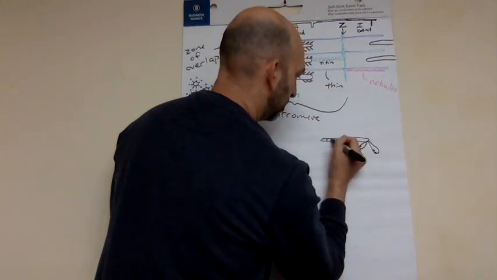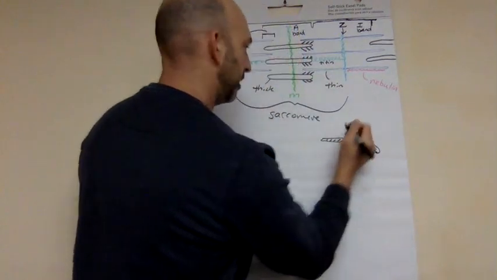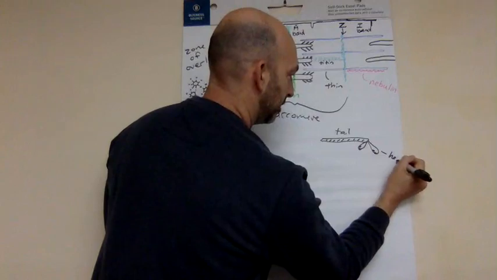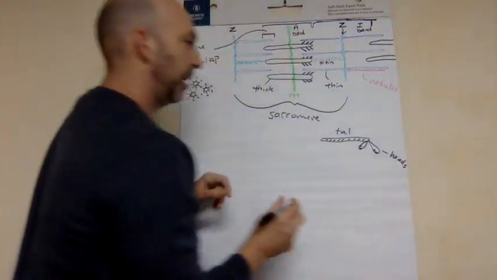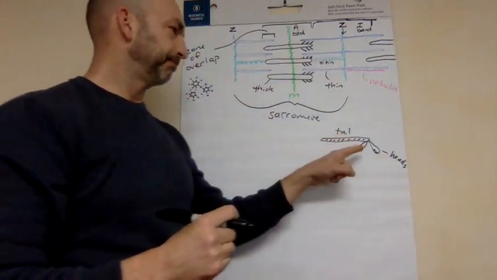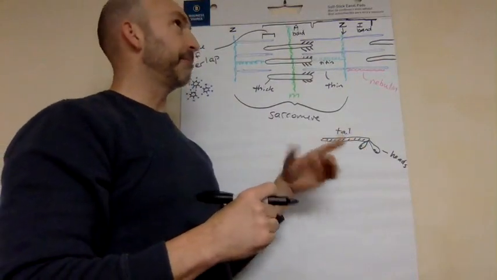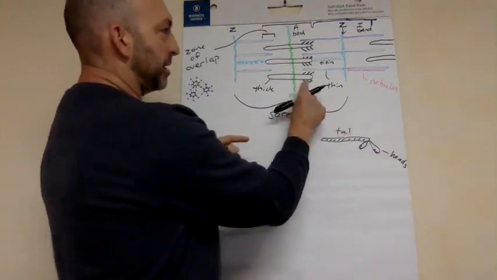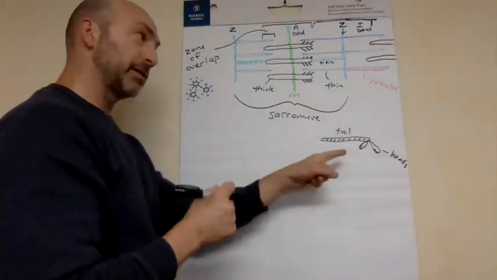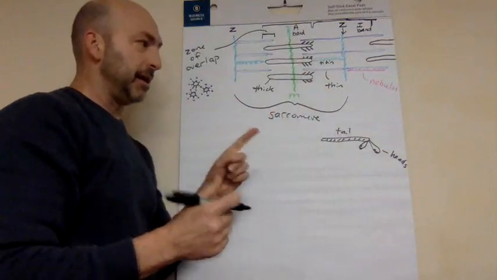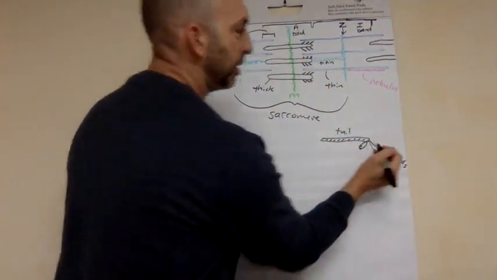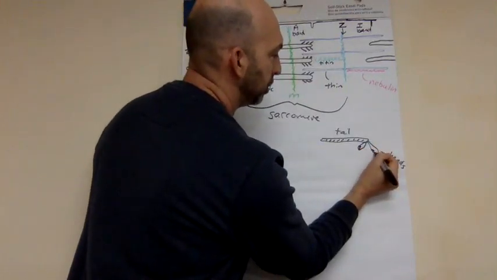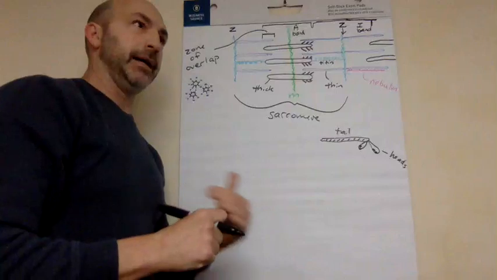So we've got this tail, and then we have the heads of the monomer myosin molecule. The heads are the part that can grab the actin. The two parts here that I'm pointing to, the two little spots, are the two really important functional regions of the myosin molecule.